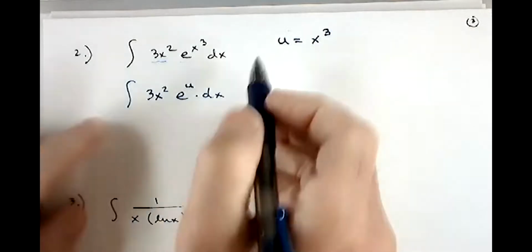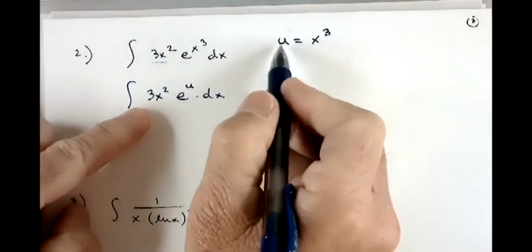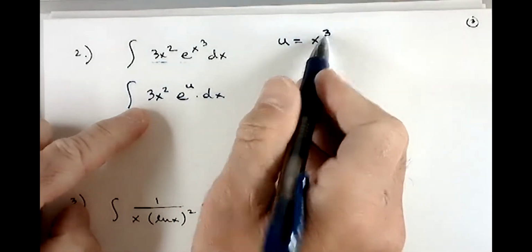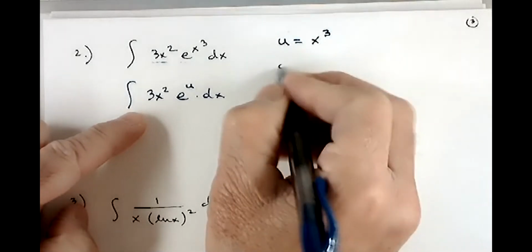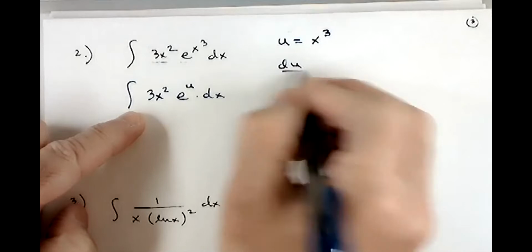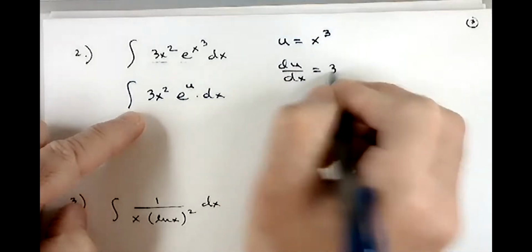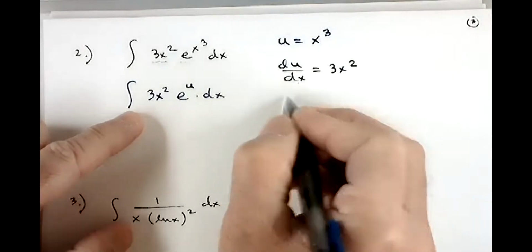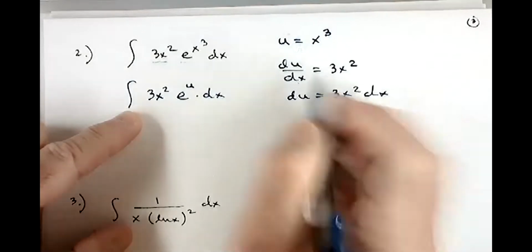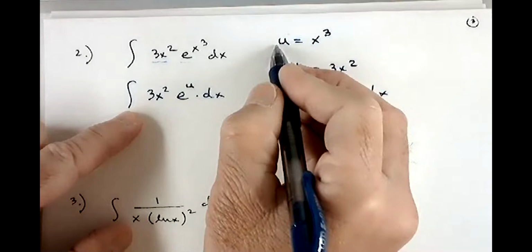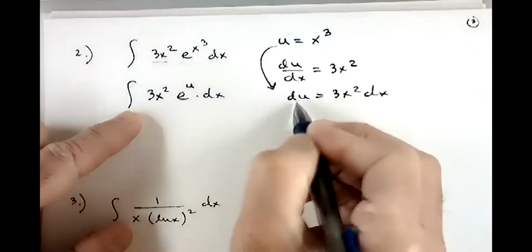And you kind of think ahead. You say, well, wait a second. If I let u be x cubed, what you're always going to have to do once you make a u substitution is take the derivative of it and multiply the dx over. In fact, most of the time as we get good at this, we're just going to go straight to this.